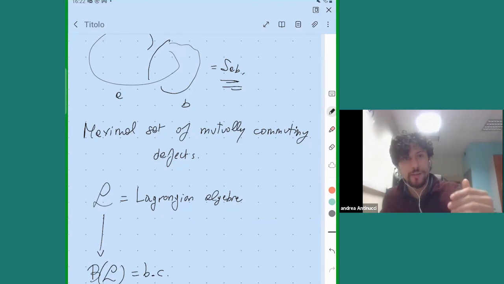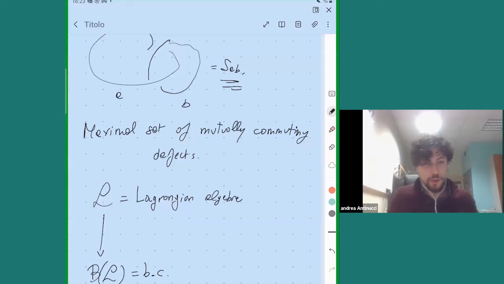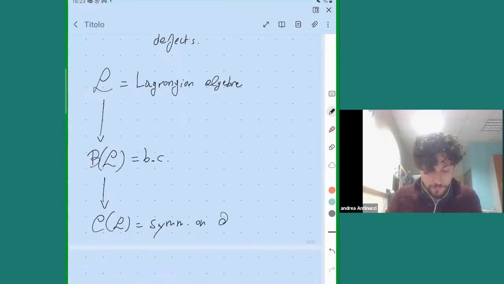So the symmetry that you get after you define a certain topological boundary condition is given by the bulk defects which are not inside the Lagrangian algebra defining your boundary condition.